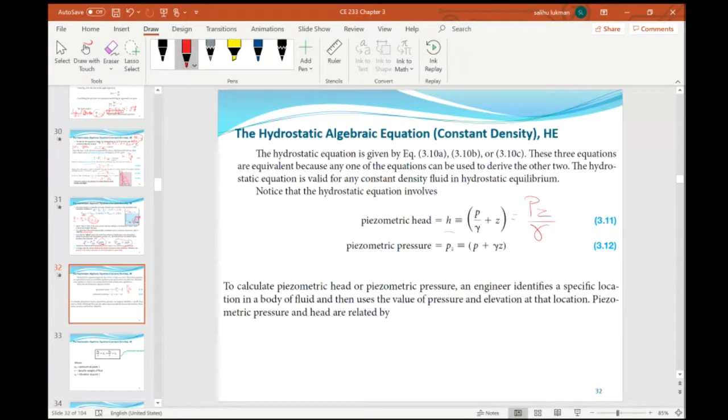Piezometric head and pressure are related by, I already wrote it there, H is equal to Pz over gamma. This is the relationship between piezometric head and piezometric pressure.